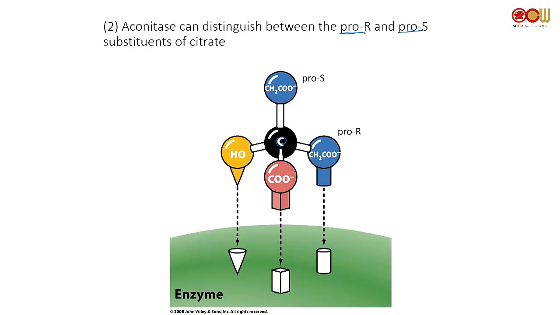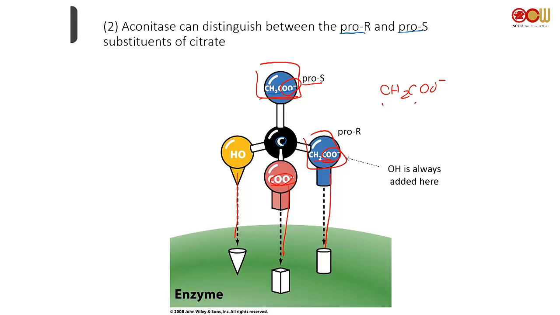Citrate in the middle has one carboxylic acid right here, and another carboxylic acid, and another carboxylic acid, so you have 1, 2, and then 3. But the pro-S arm and this arm are CH2COO minus, so a two-carbon carboxylate. Essentially your enzyme has a special organization such that the substrate has to fit like this, and the OH is always added to this particular carbon.